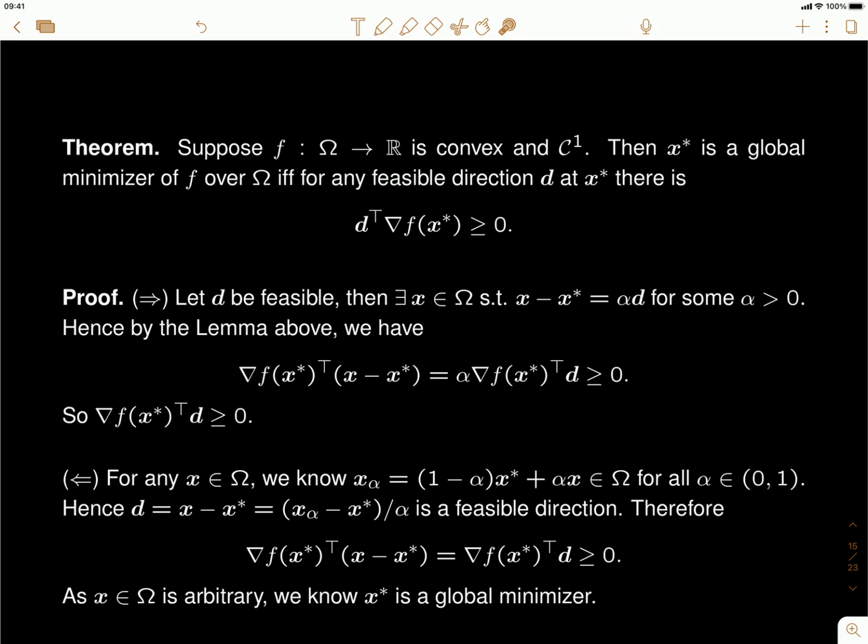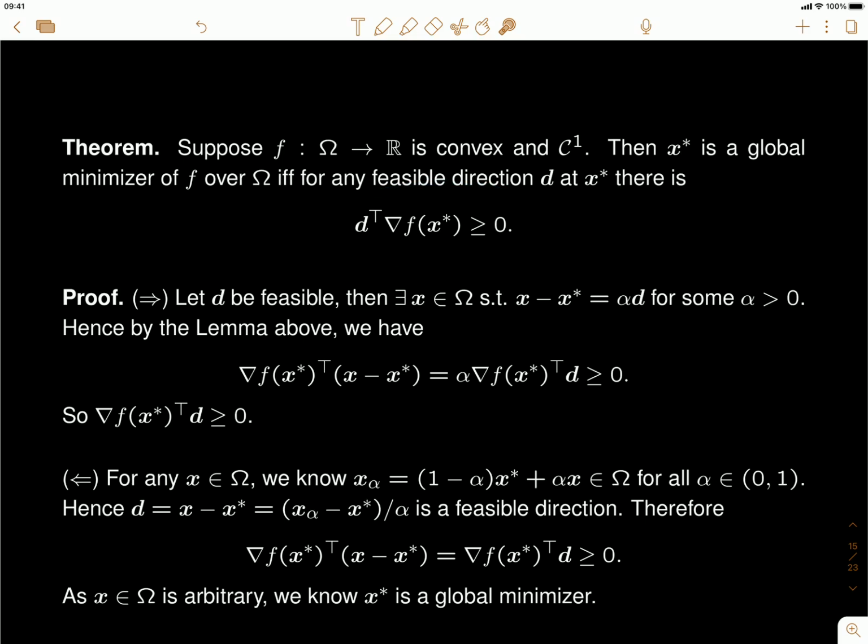Okay, next, let's look at the theorem we were trying to show. Remember that when we were developing the first order necessary condition, we said that if x star is a local minimizer, then for any feasible direction d, this is greater than or equal to 0.